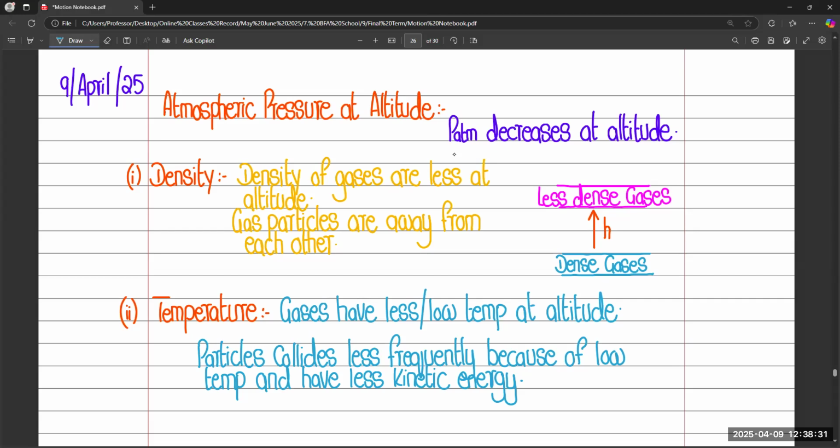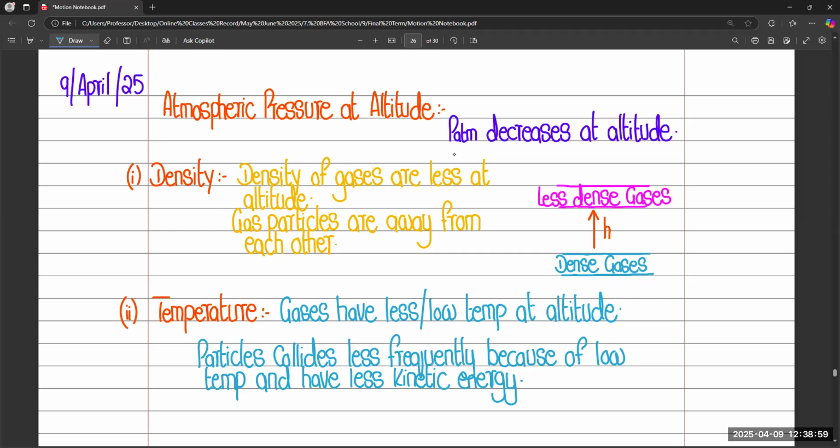And after this, if we consider pressure exerted by the gases, right now we are talking about the atmospheric pressure, the gases present in our atmosphere. But if we talk about the general category of gases, if we contain any gas in any container, how does that gas exert pressure on the container?